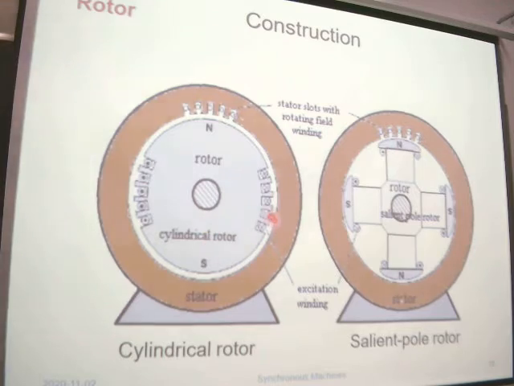This is the air gap between the stator and the rotor. In the cylindrical rotor, the air gap is constant. But in the salient pole rotor, the air gap is not constant. Here it is narrow, here it is wide.